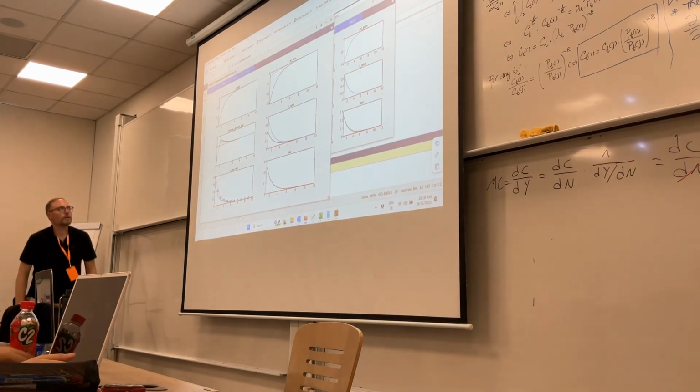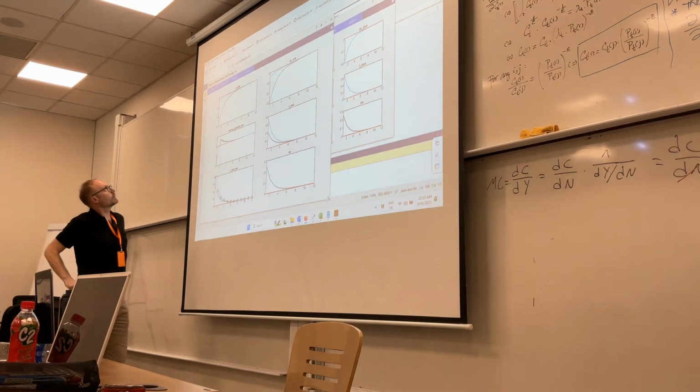So blue is with the higher risk aversion.